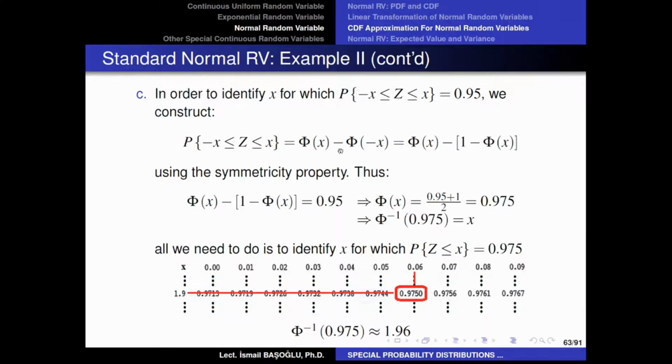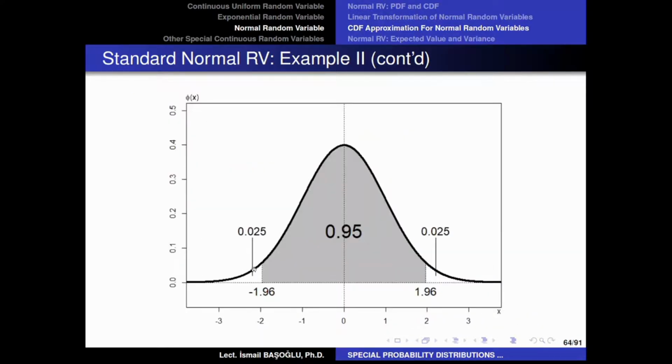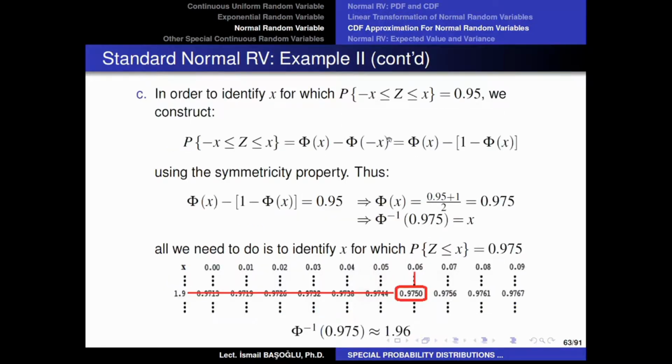Now, if you check this out, Φ(−x) is equal to 1 minus Φ(x). Remember now, the area on the left-hand side of a negative value is equal to the area on the right-hand side of the positive counterpart of it. Why? Because the PDF is symmetric around 0. Now, according to that, we can replace this Φ(−x) with 1 minus Φ(x), and that equation is going to be equal to 0.95 according to the question.